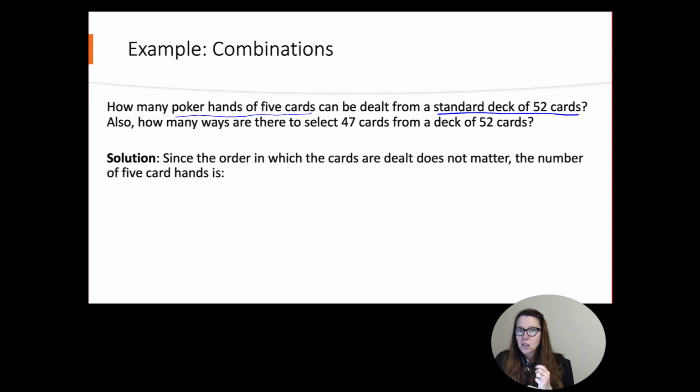Exactly, Adam. So in terms of N and R, well, what's N? So for this particular one, what's N? 52. It's the total number of cards. And what's R? Exactly. So 5. It's how many cards are in my hand.